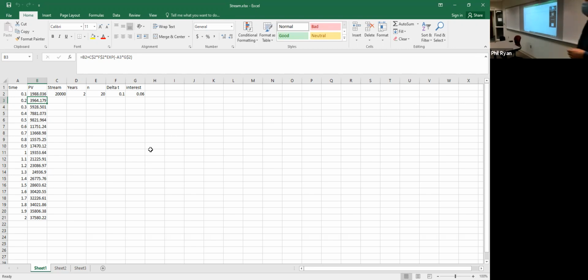So how did the present value change if you change the delta t to a smaller delta t? What did you get? Oh, you've got to copy and paste. Remember.